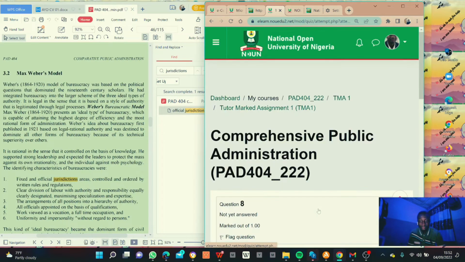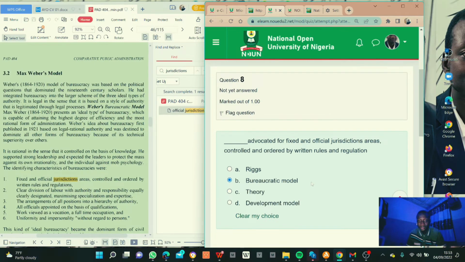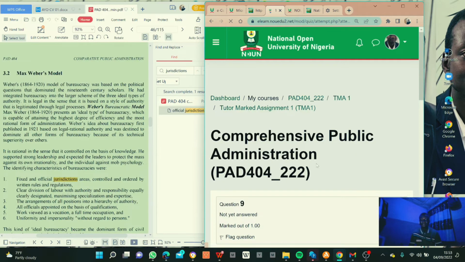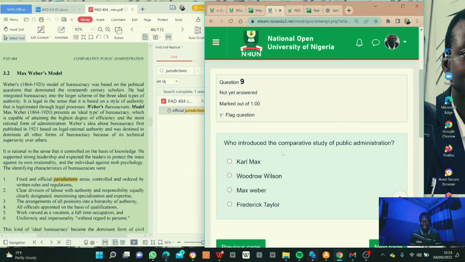Question 8. So question 8 says dash advocated. Okay, oh wait, my bad. Question 9. Who introduced the comparative study of public administration?